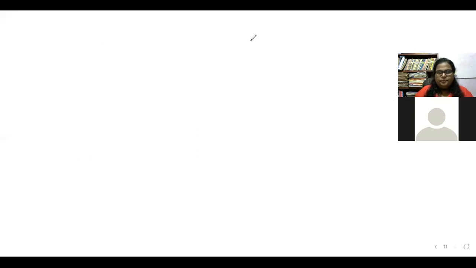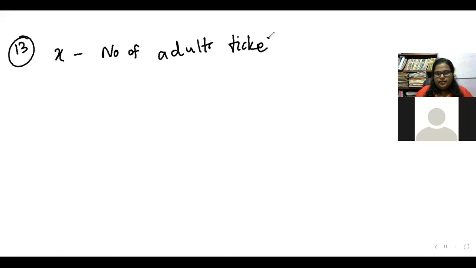Here, we are taking 13th question. So take X as number of adult tickets, right, and Y is number of children's tickets, right?